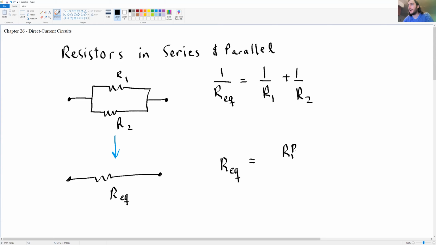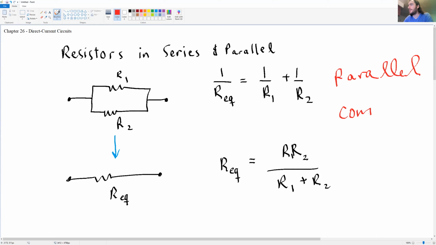So the product on top, R1 times R2, and the sum on bottom, R1 plus R2. And so these rules work for parallel only. So this is parallel. Okay, parallel combination.